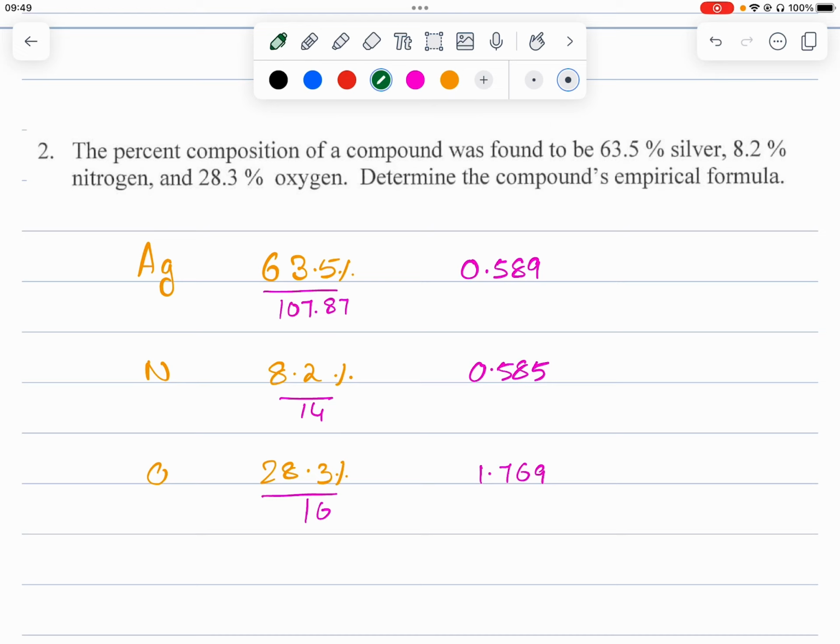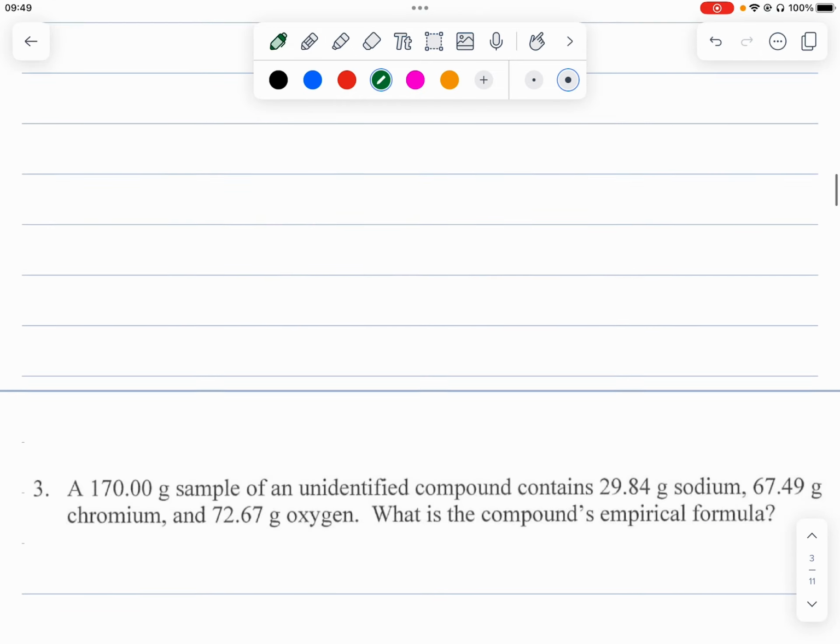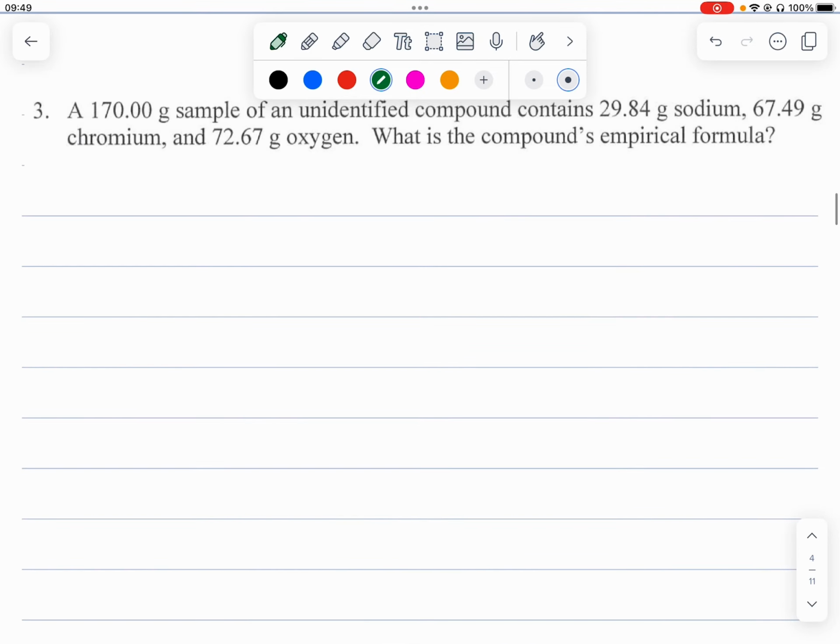The smallest one is 0.585, and I divide everything by 0.585. Then I get approximately 1 over here, 1 over here, 3 over here. So what is my empirical formula? AgNO3.